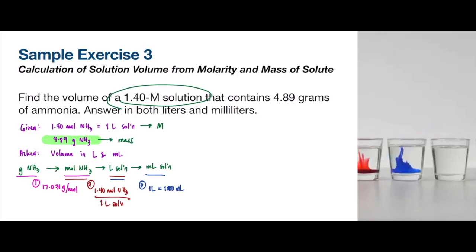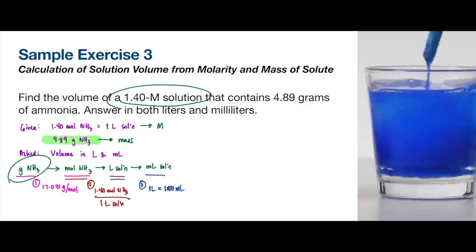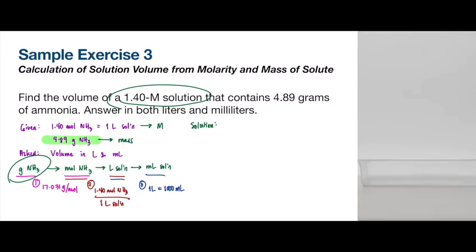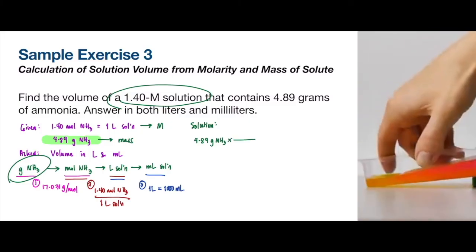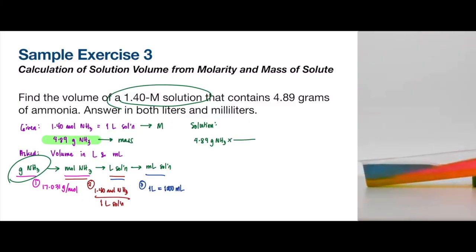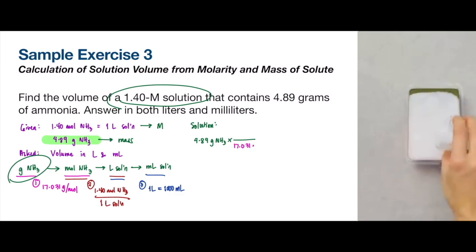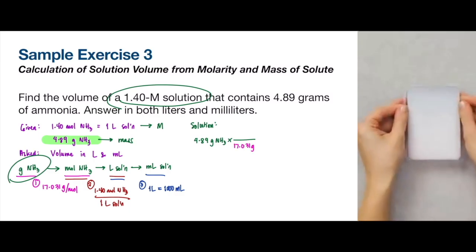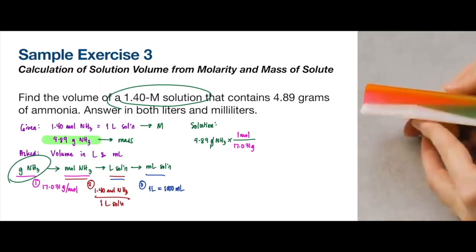Now that we have the setup for everything, we can solve the problem already. Again, starting with the grams of ammonia, which is 4.89 grams of NH3, multiplied by the first conversion factor to convert it into moles of ammonia, wherein we put 17.031 grams here in the denominator and 1 mole in the numerator. And as you can see, we can cancel the grams already.